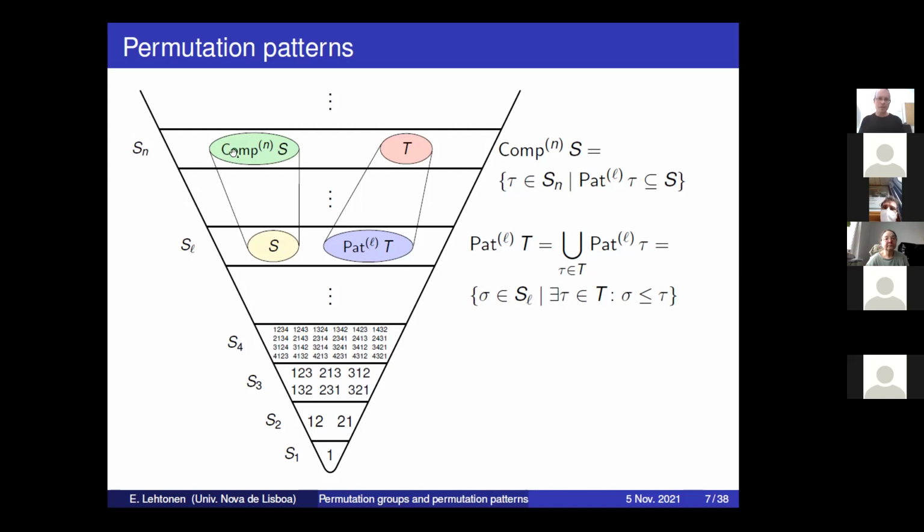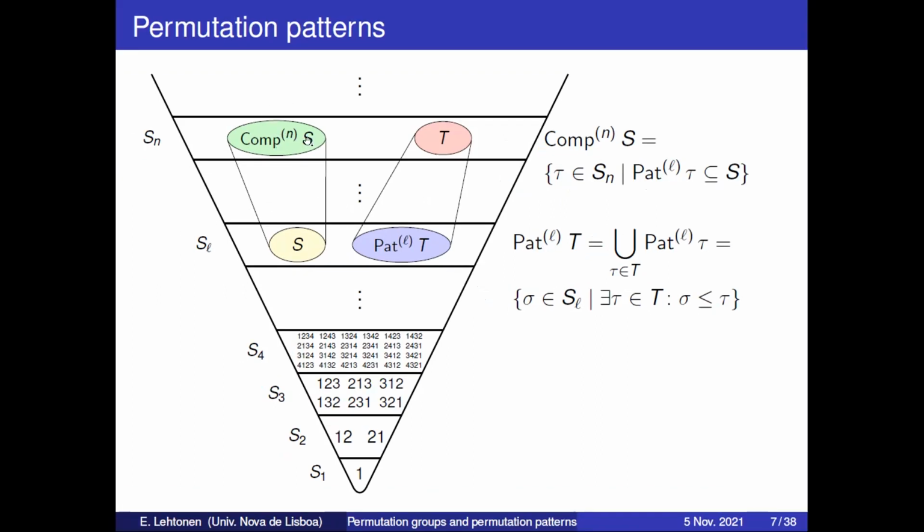We would take the set of all N permutations with the property that all their L patterns lie within this given set S. We would call this set the set of N permutations compatible with S, and we denote it by comp N of S.